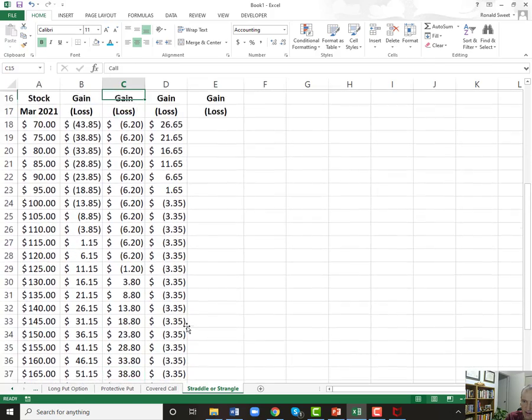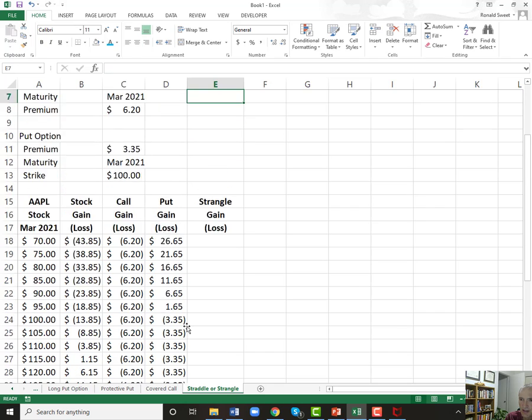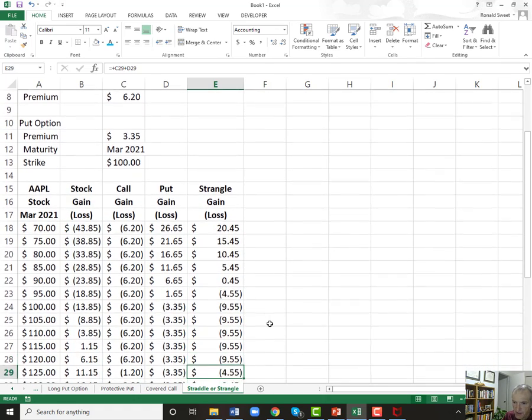So we're going to combine these two together. The strangle gain or loss is nothing more than you own the call, you own the put. If you're long, you just do plus the call, plus the put. You copy that down. You'll notice in the middle here, this is really strange.